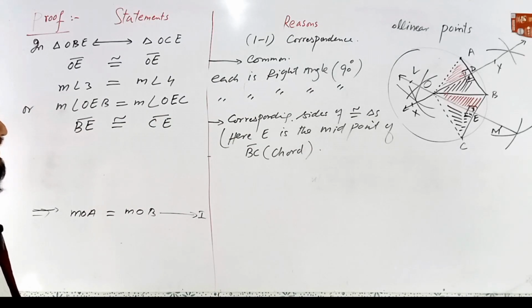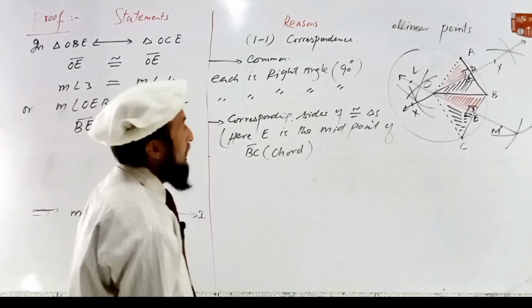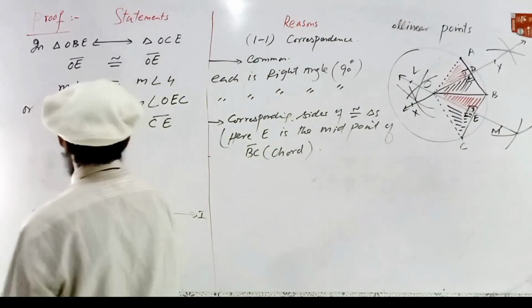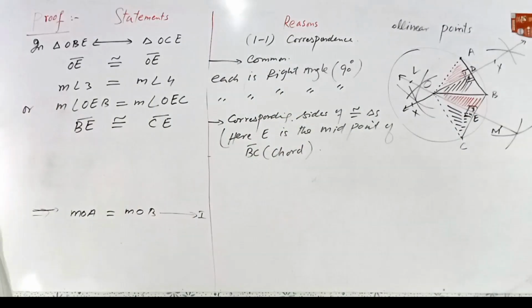Now it means that here we can write OB is congruent to OC. So the sides BE and CE are equal, OE is common and one angle is common.